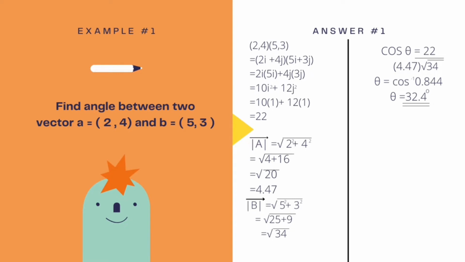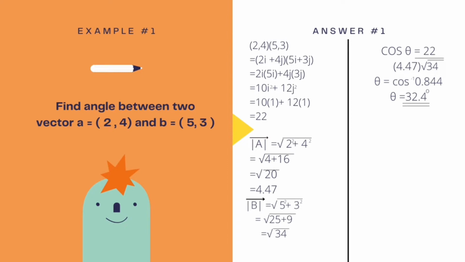A dot B equals 2i multiply 5i plus 4j multiply 3j equals 10i squared plus 12j squared equals 10 multiply 1 plus 12 multiply 1 equals 22. Magnitude of A equals square root of 2 squared plus 4 squared equals square root of 4 plus 16 equals square root of 20 equals 4.47. Magnitude of B equals square root of 5 squared plus 3 squared equals square root of 25 plus 9 equals square root of 34.